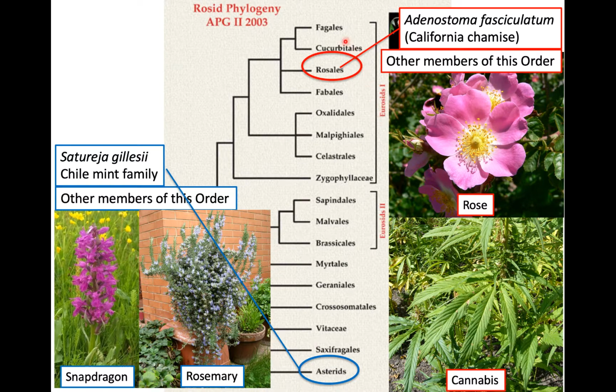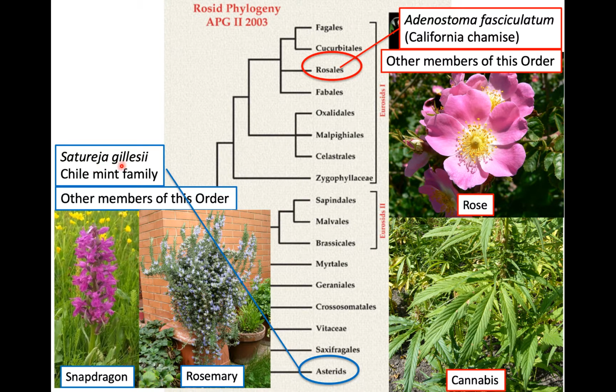Here is a phylogeny of the rosids, which is one group of the eudicots of angiosperms. So we've already zoomed pretty far into one subgroup within the angiosperms. The Adenostoma, which the common name for that is California chamise, I actually don't know how to pronounce that, is within the Rosales, which is the same group that includes plants like the rose and cannabis, are all members of the same Rosales group, as well as this Adenostoma that we've been talking about.